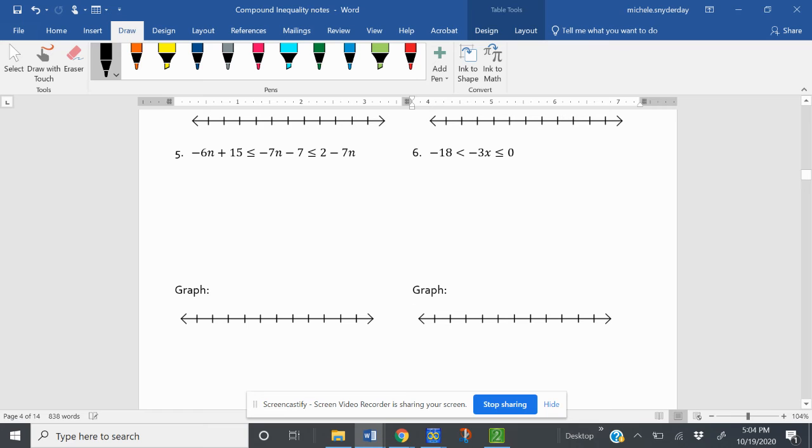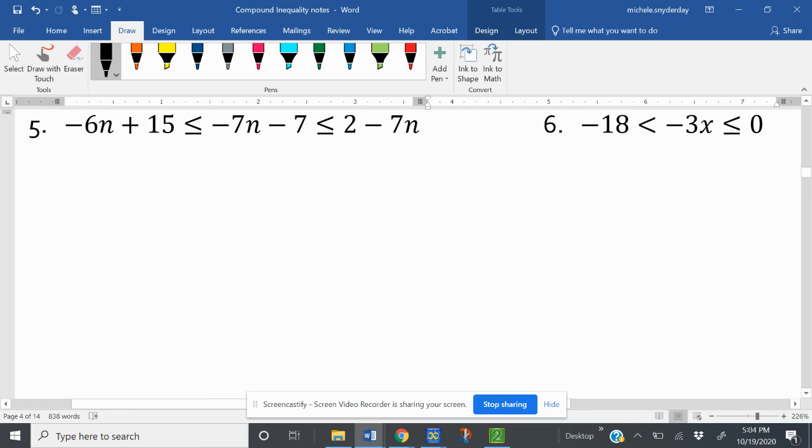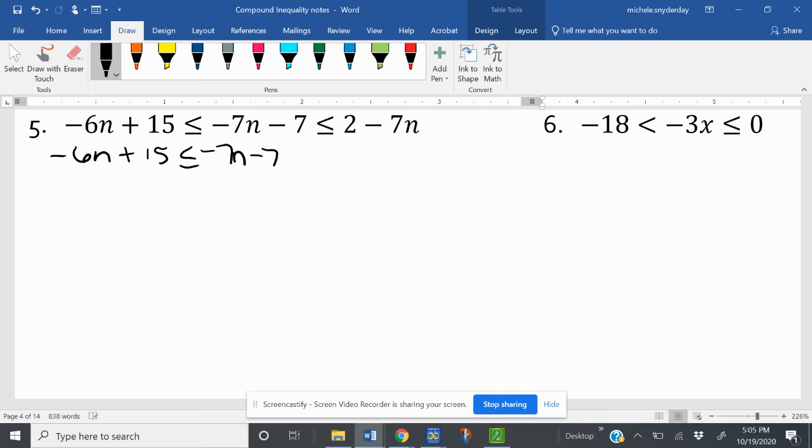All right. I'll go ahead and do two more last examples on these special inequalities. Number 5 is quite large again. The first half is negative 6n plus 15 is less than or equal to negative 7n minus 7.